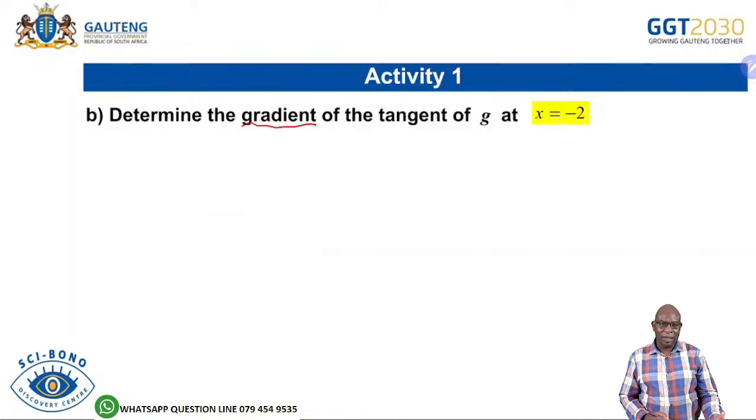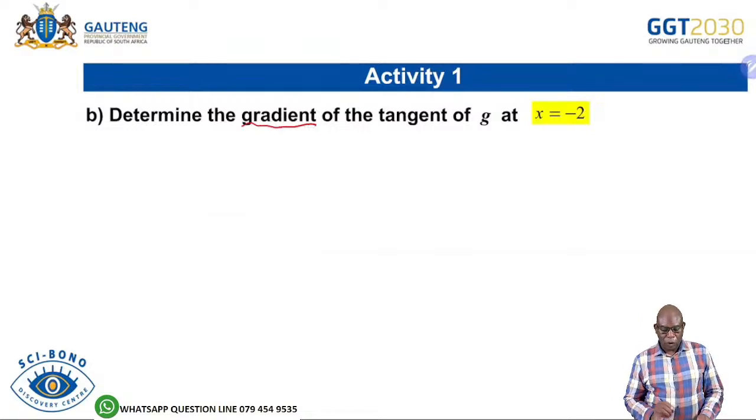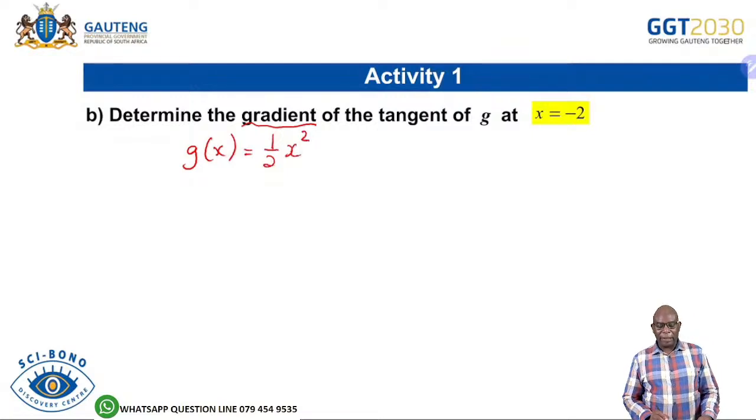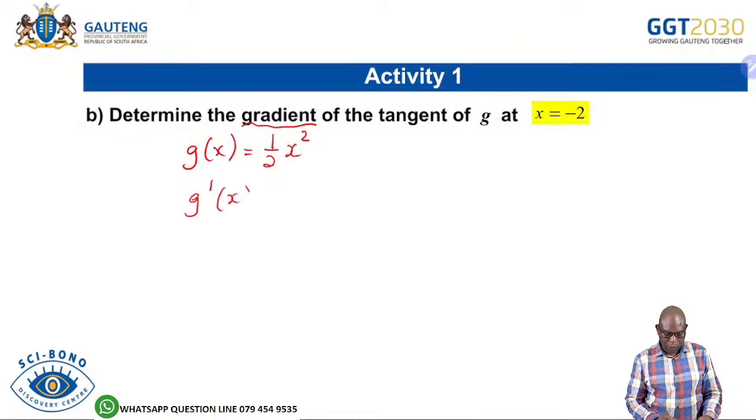Remember I said gradient is nothing else but the derivative. That is why I've done activity number 1. So now we have g of x equals half x squared, and I need the gradient. To get the gradient, we need to differentiate. So I'm going to differentiate.